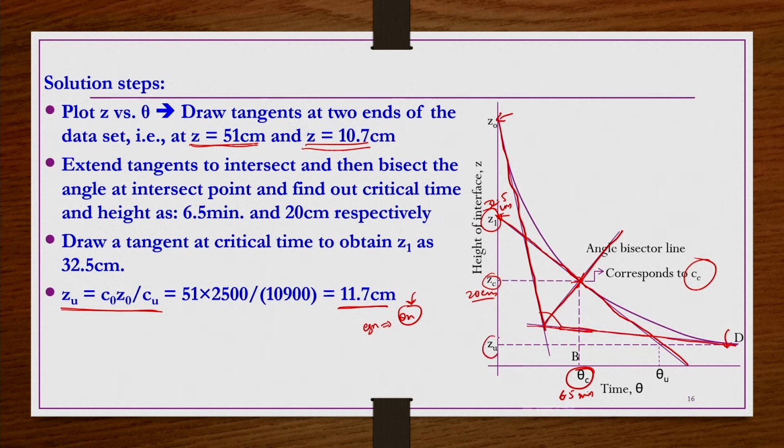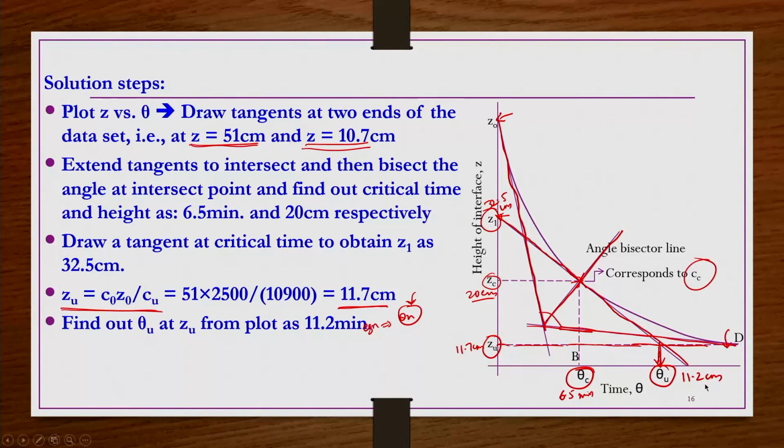At Zu equals 11.7 centimeters, you draw a horizontal line like this, and this line intersects the tangent at theta equals theta c at a certain point, and the corresponding time is theta u, which comes out to be 11.2 minutes.